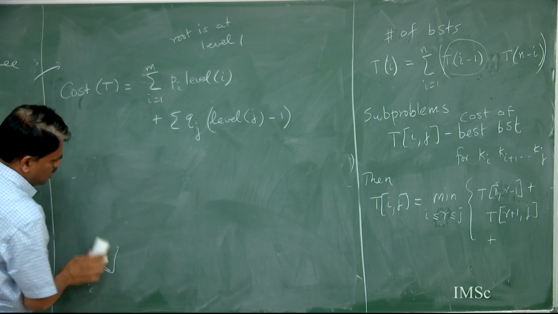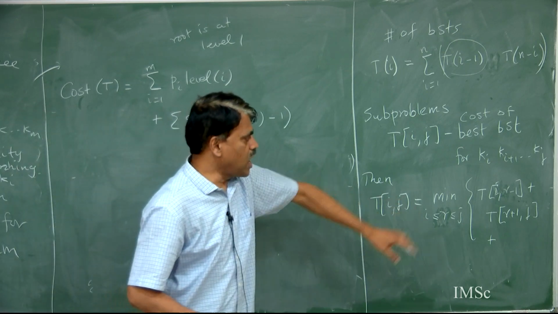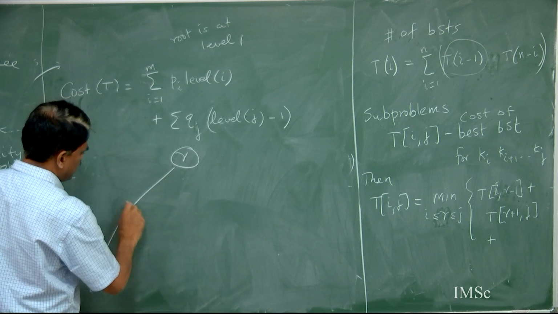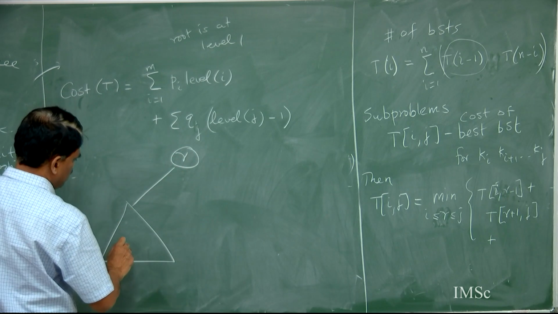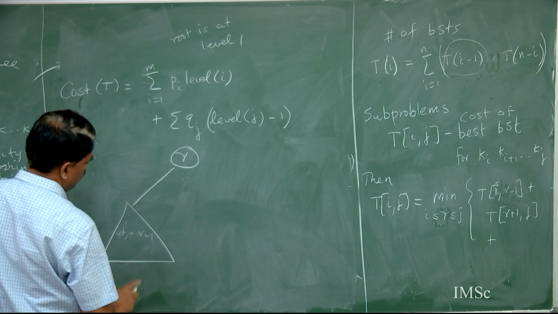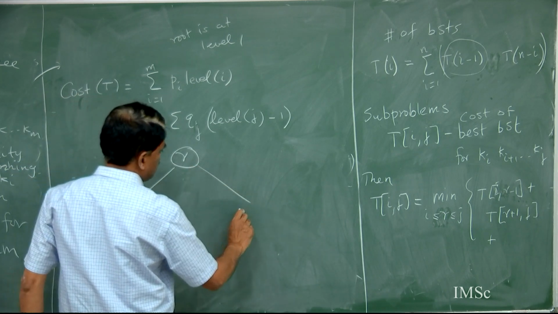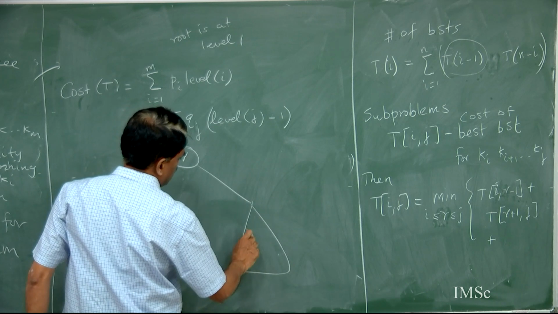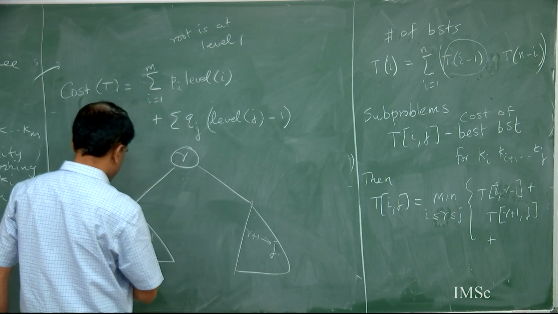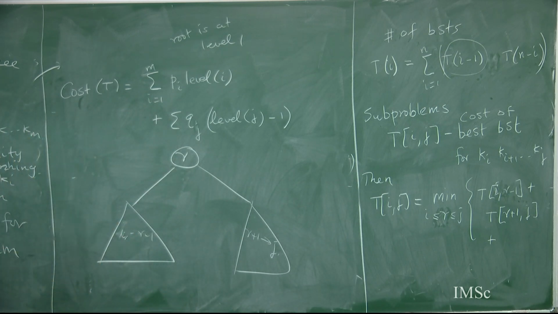So, now if I choose R as my root, then I have a tree which is the best tree for 1 to R minus 1, and this is the best tree for R plus 1 to J, sorry, I to R minus 1. Okay.